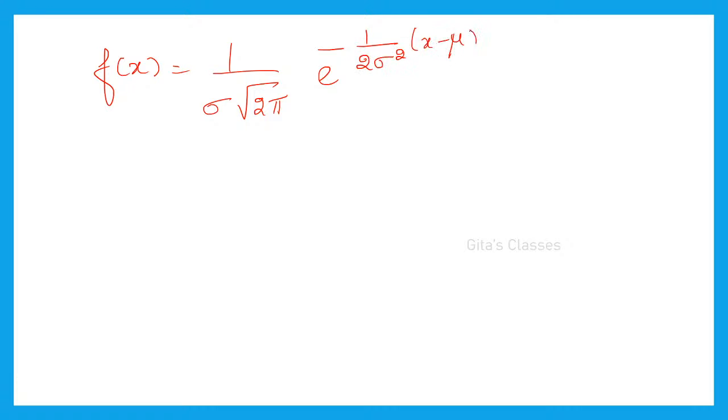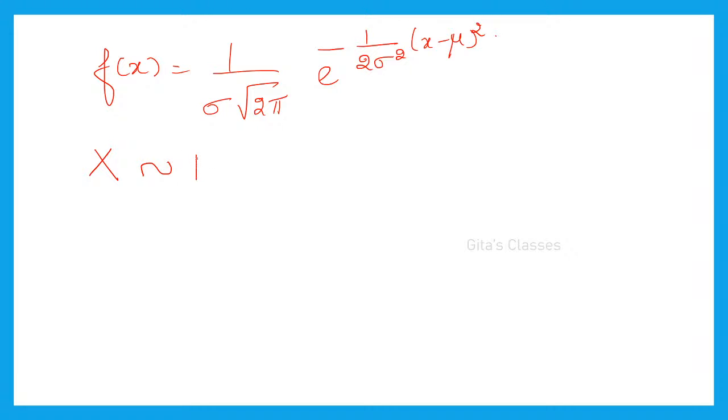of the data. Now we have seen f of x is equal to 1 by sigma into root of 2 pi e power minus 1 by 2 sigma squared into x minus mu the whole square, right? Now we say x is a random variable which follows, generally the notation is like this.